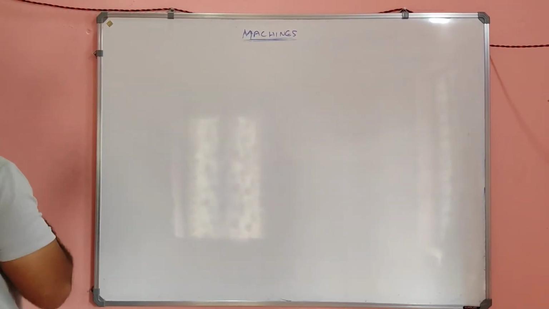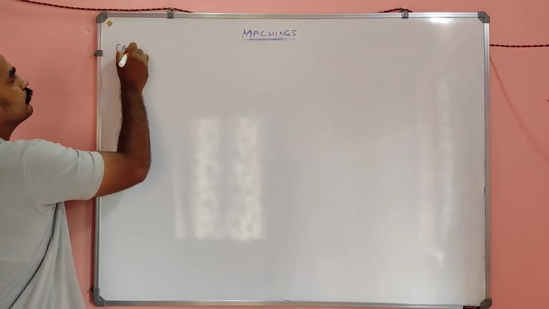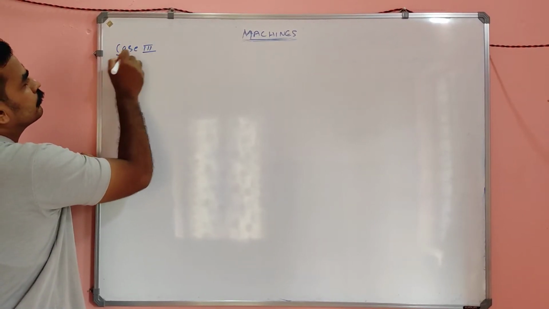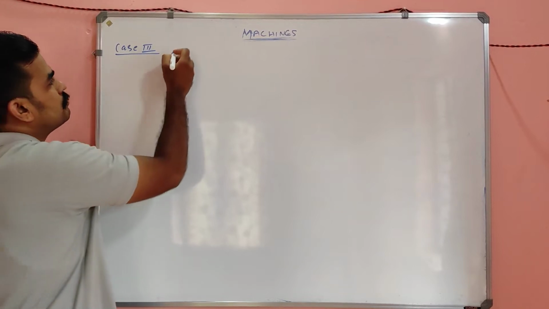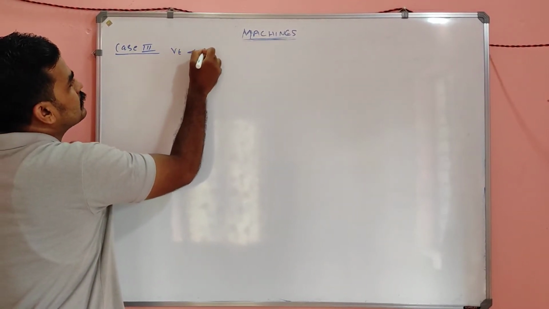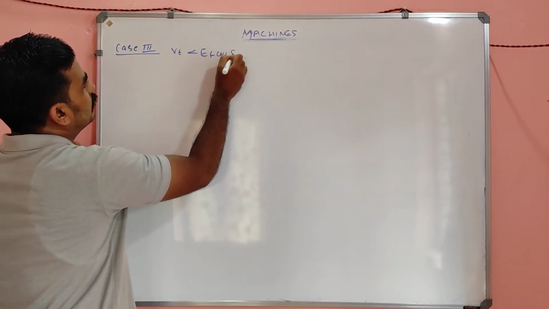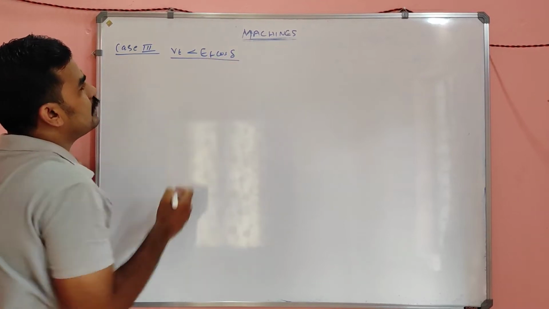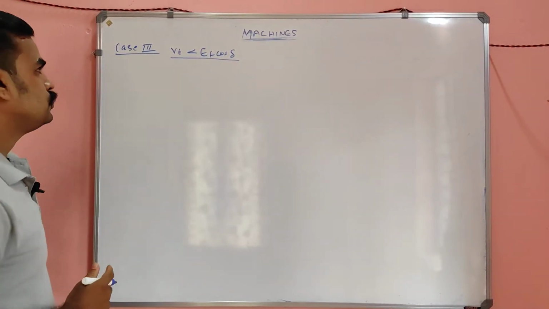And next, case 3. Case 3 means what, my dear? Vt less than Ef cos delta. So what happens if Vt is less than Ef cos delta? Listen, my dear.